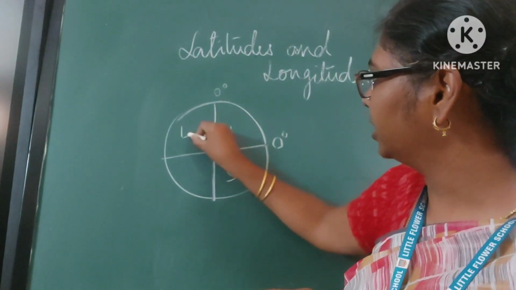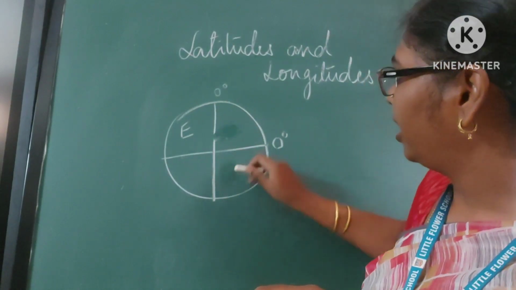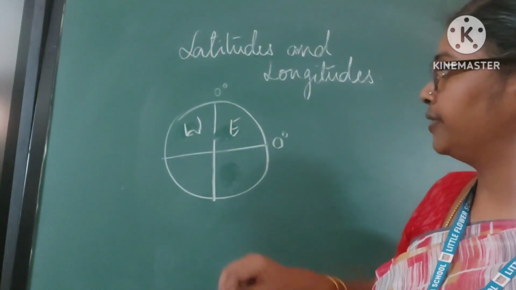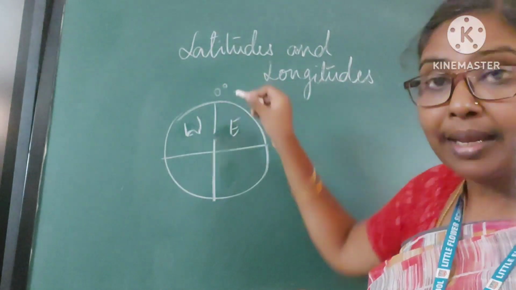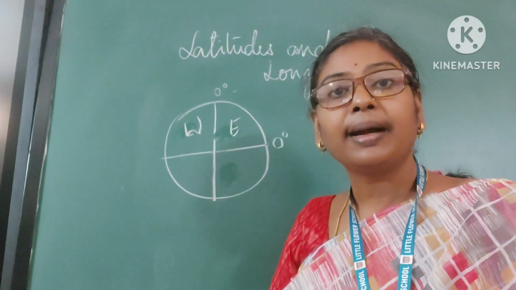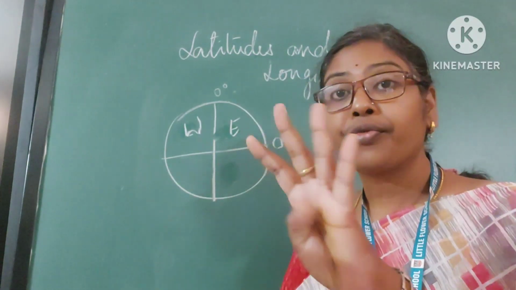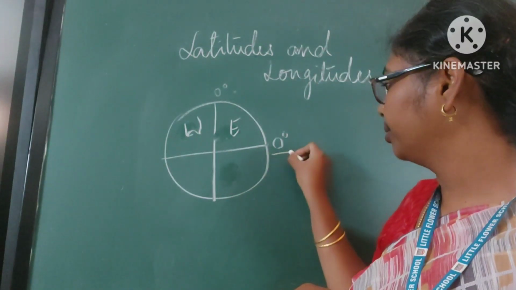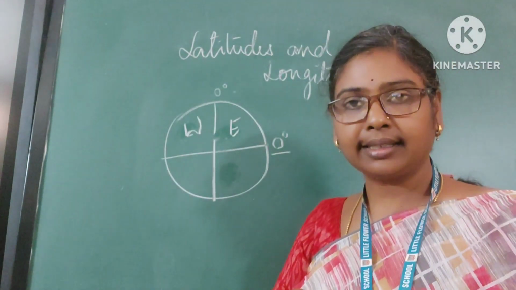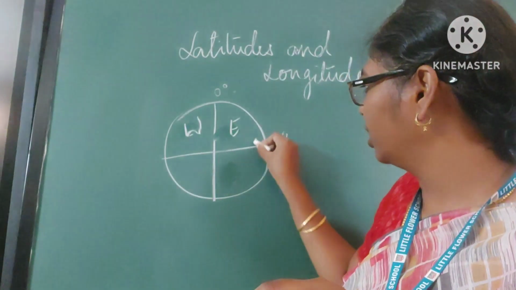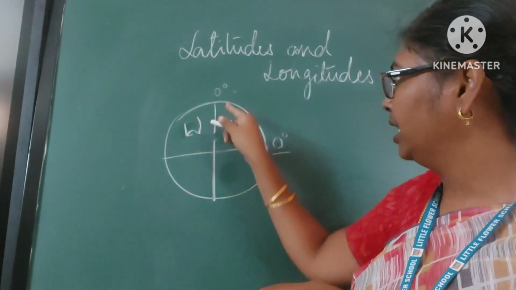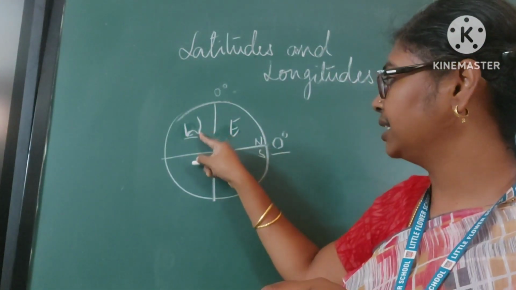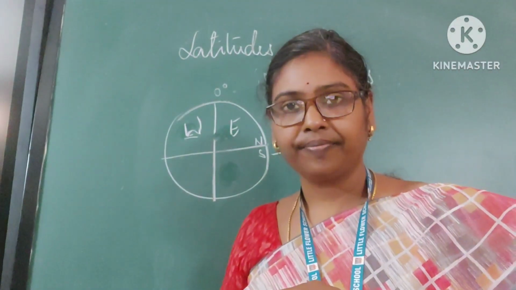The eastern hemisphere and western hemisphere are divided by the prime meridian. So we have 4 hemispheres in all. Taking equator as the standard, we have 2 hemispheres, the northern and southern hemispheres. Taking prime meridian as the standard, we have 2 hemispheres, the western and eastern hemispheres.